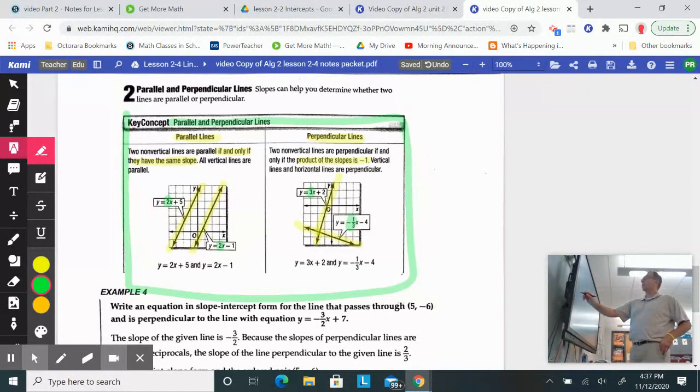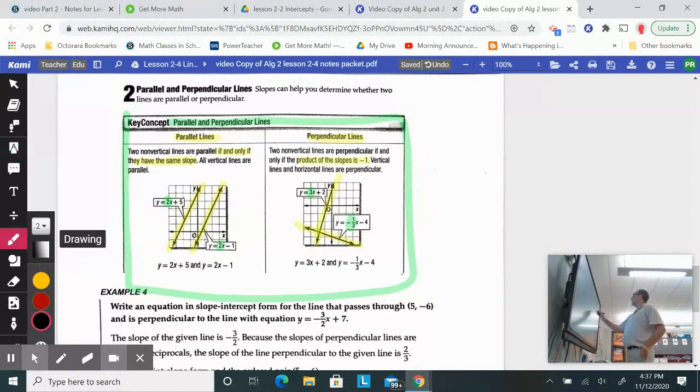If you take the reciprocal of 3, put 3/1, you then flip it, 1/3. And the opposite of 1/3 is -1/3.